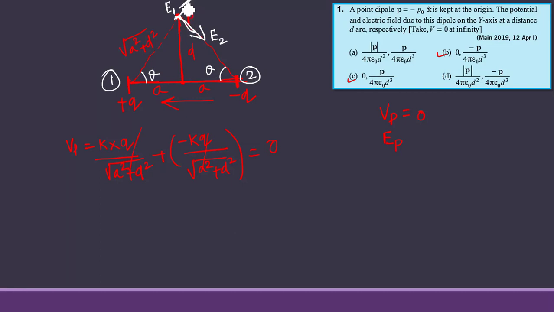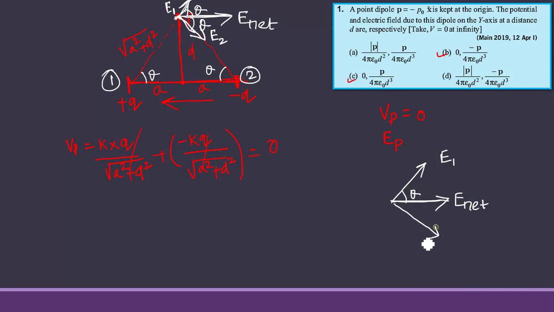See, the resultant of E1 and E2 will be in this direction somewhat. This is E net, this is E1, this is theta, and this is also theta, E2.